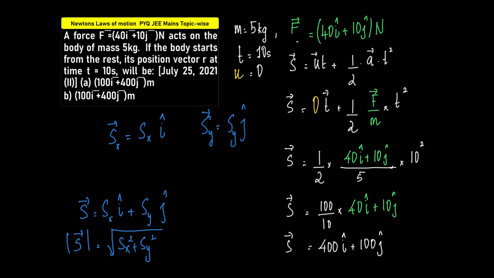In fact, if you write this even further, what is the magnitude of s in the x direction? It is Sx. And what is the magnitude in the y direction? It is Sy. And the magnitude of vector s is equal to root of Sx square plus Sy square. Okay. So let's now discuss the next question.